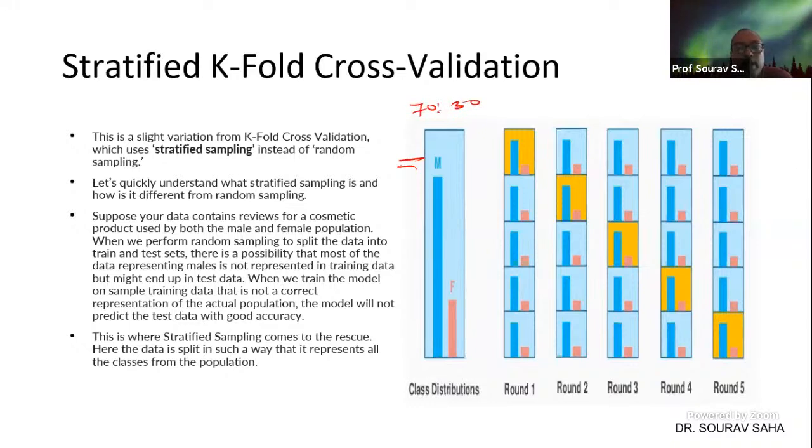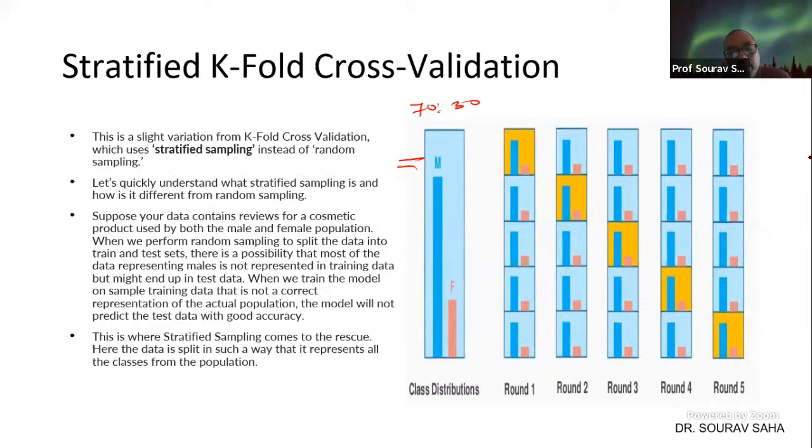Now, when I'm creating random data partitions, what might happen is that in some data partition there are only males for training and only females for testing. Can happen, isn't it? In some partitions, there are only females for training, and males come only in the testing part.